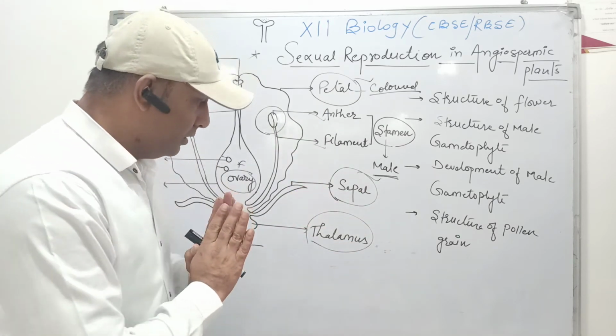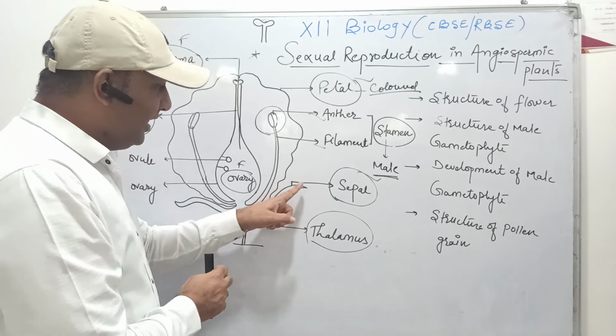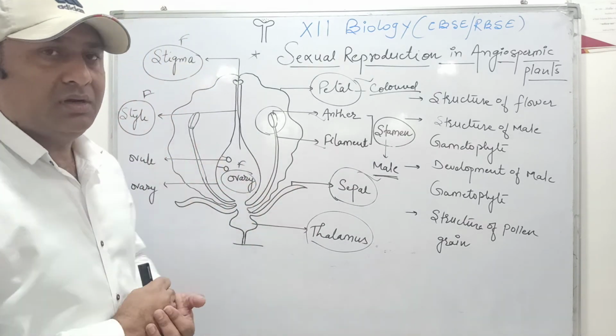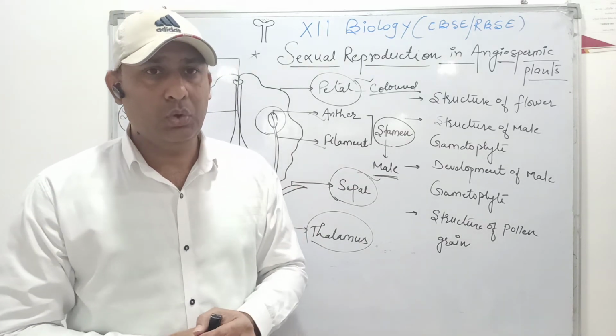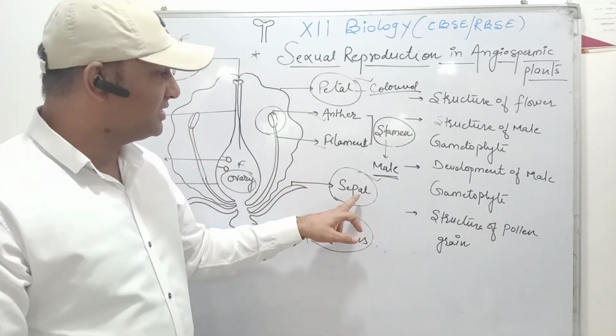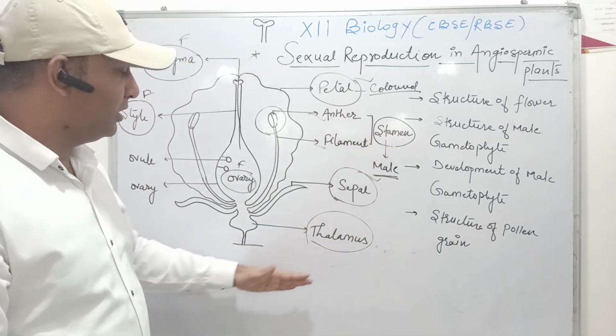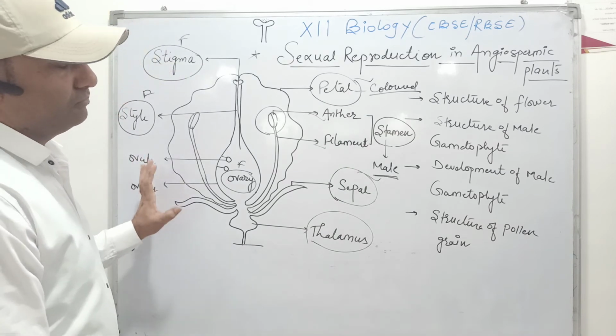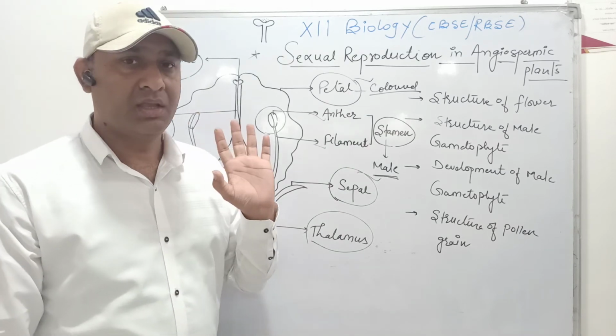Clear? The sepal is a greenish leaf-like structure present at the lower part. In some cases, it is also helpful in photosynthesis. So these are the sepal, petal and the reproductive parts, and that is the complete angiosperm flower.